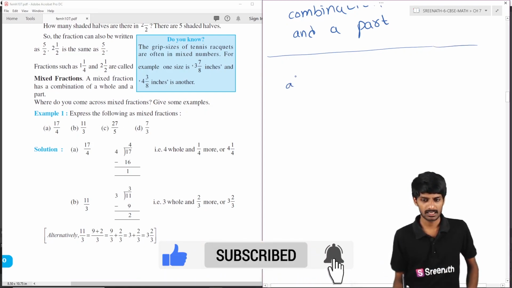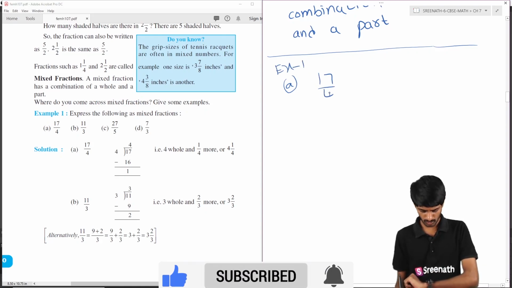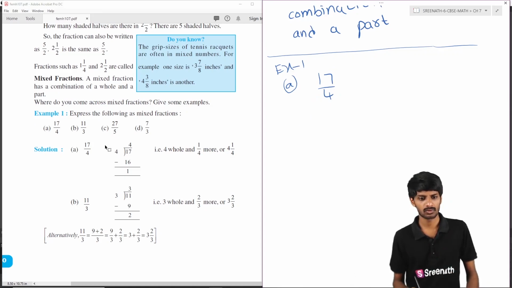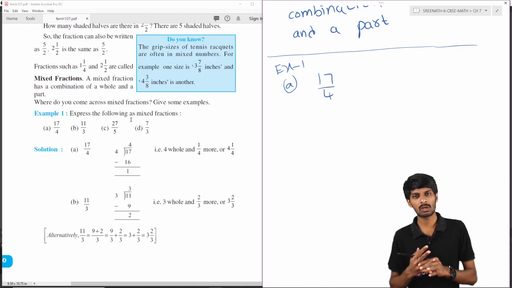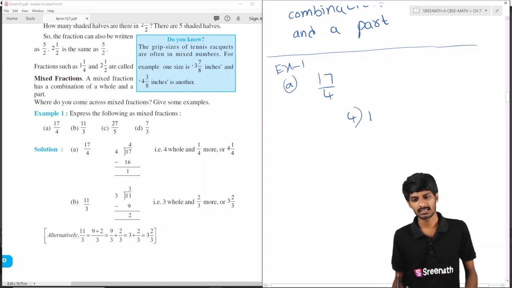So the first example is example 1. 17/4, students. So how to express it as a mixed fraction? For that we have to do the division, students. So 17 is divided by 4. How many times will it go? 4 4s are 16. If you subtract, you get remainder 1.